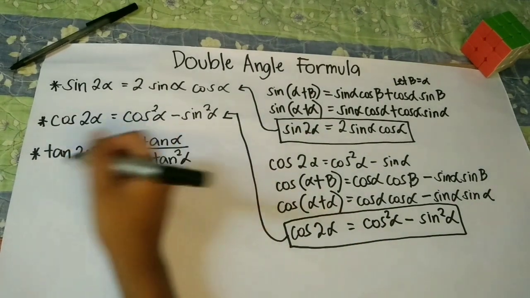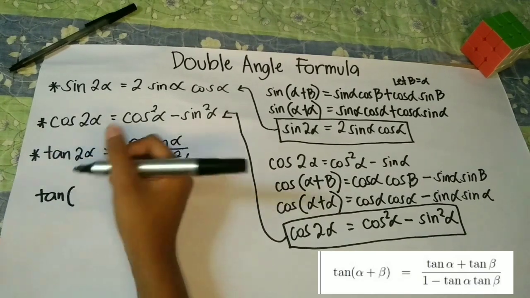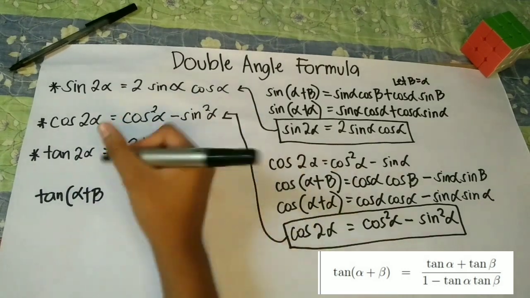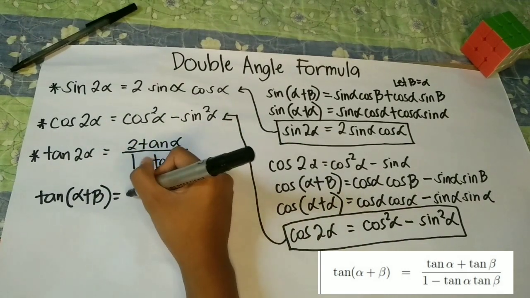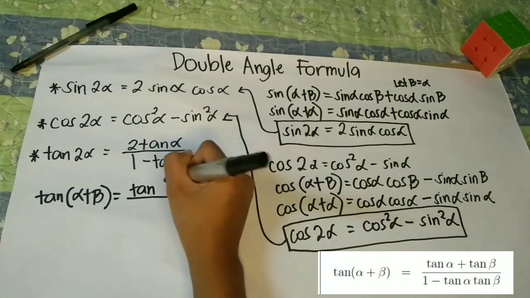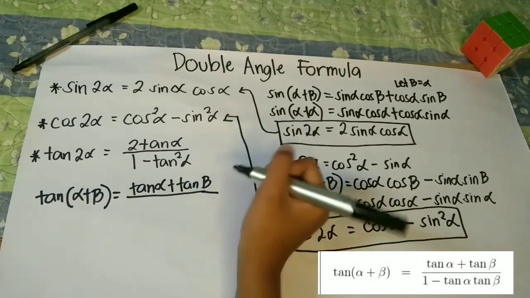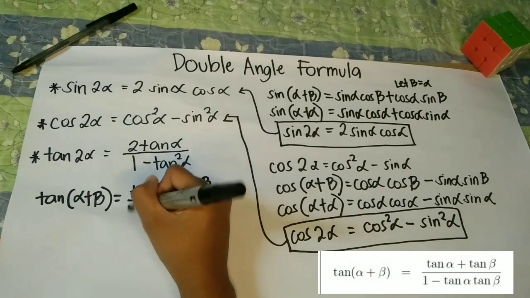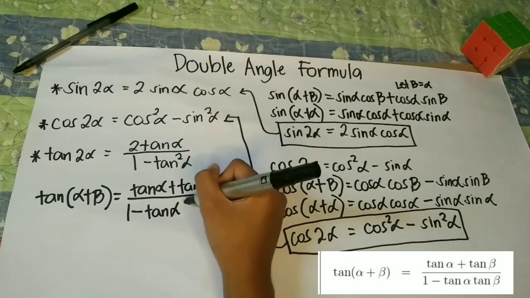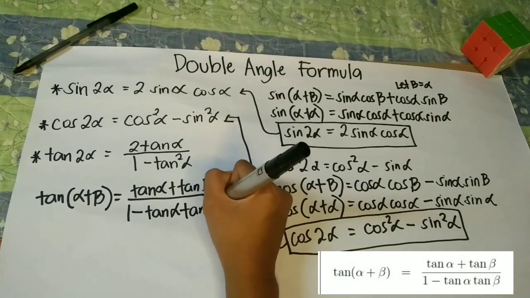And for the tangent, again, we need to use the addition formula of two angles, which is tangent alpha plus beta is equal to tangent alpha plus tangent beta over 1 minus tangent alpha and tangent beta.